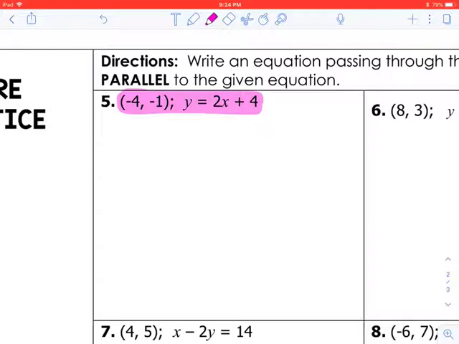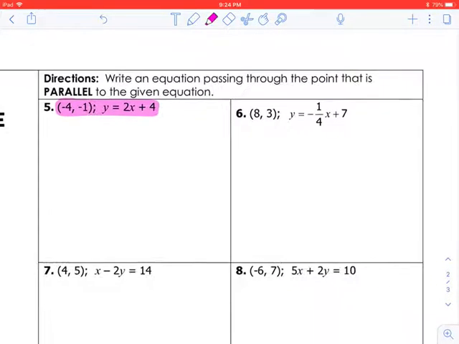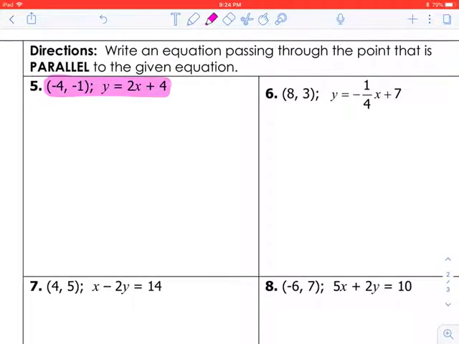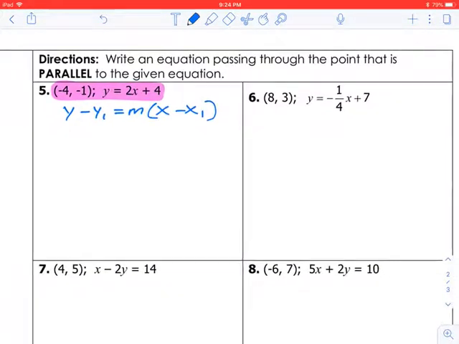All you're doing is finding an equation passing through the point that's parallel to that. So you want the same slope and that point. So again, you need to be using y minus y1 equals m times x minus x1. That's the first one. If you need to pause that to write it down, go ahead and pause it.